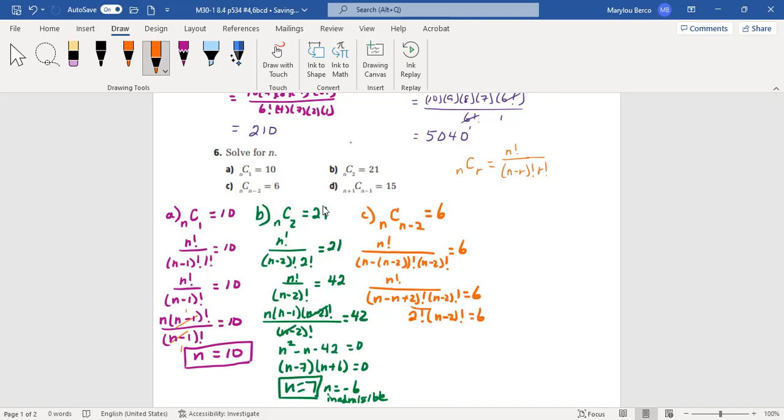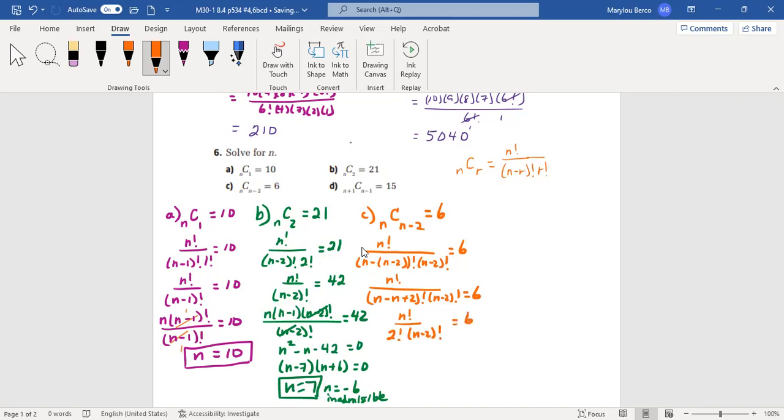Should all be over n factorial, sorry. Oh, that's wrong, I'm sorry, guys. If we take a look, n factorial over n minus n plus 2 factorial by n minus 2 factorial will indeed be, let's just clean that up, n factorial over 2 factorial times n minus 2 factorial equals 6.